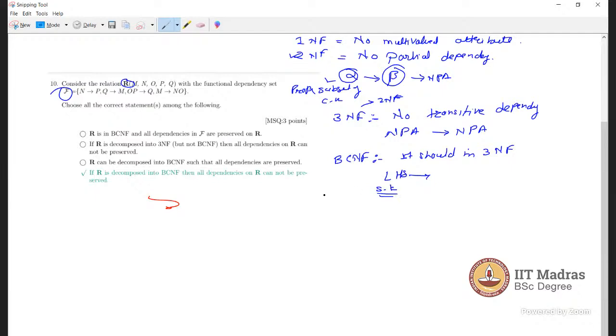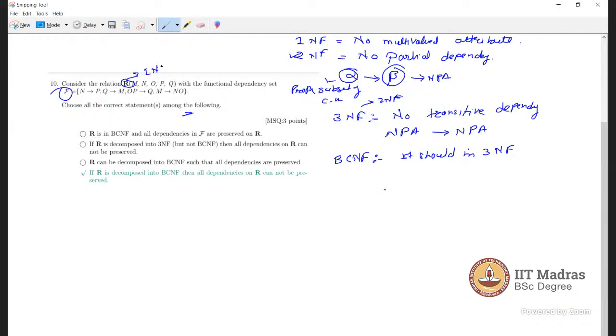It has to be a super key by itself, not a prime attribute. For that, first you need to find the candidate key, because from that we can determine the prime and non-prime attributes. So let us decompose this relation R.